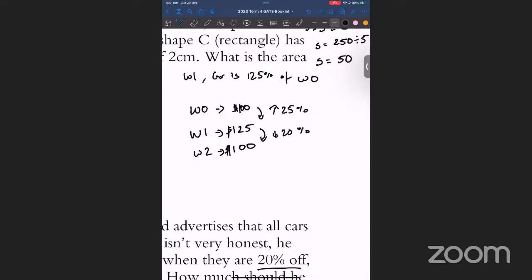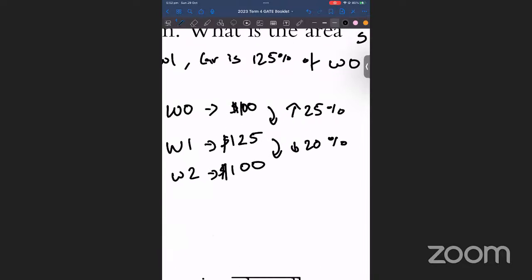Sorry, let Kavya speak. If it's week 1 that you're talking about, then I don't understand how it would be 125% of week 0. Because in week 0, it cost $100, and we increased it by 25% to week 1.